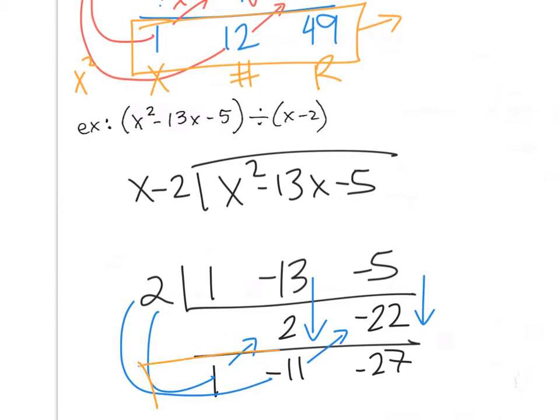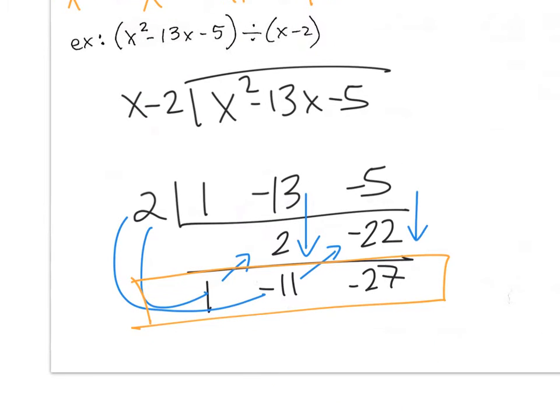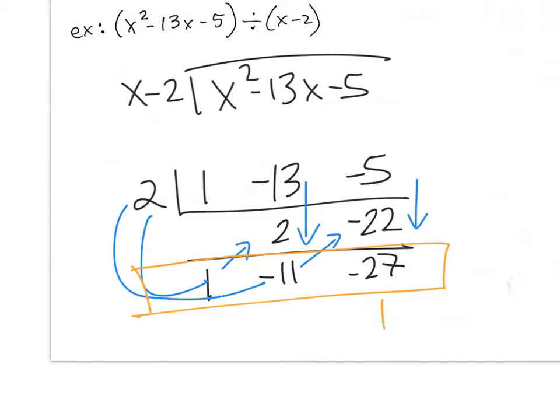So these numbers again are the coefficients of the answer, where the last one you just count from the back, that's going to be the remainder, this is going to be the number, this is going to be the x term, meaning our answer is 1x minus 11 with a remainder of negative 27.